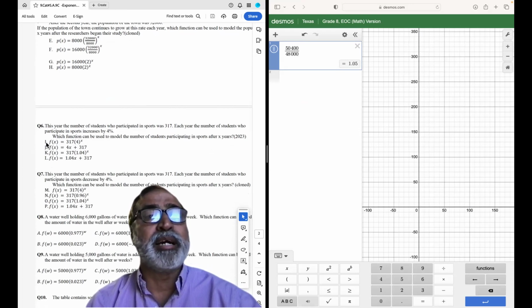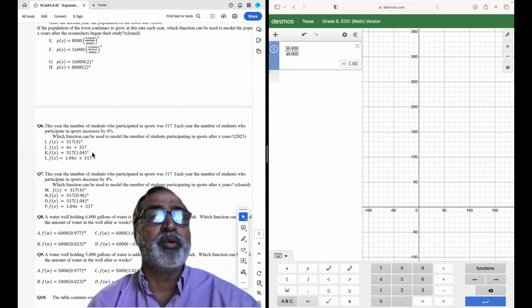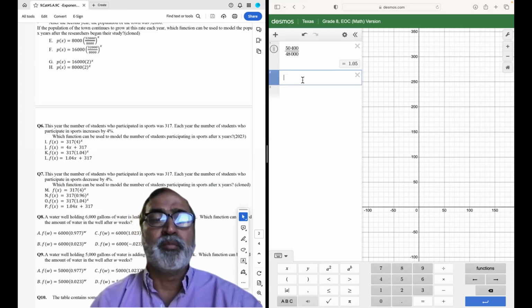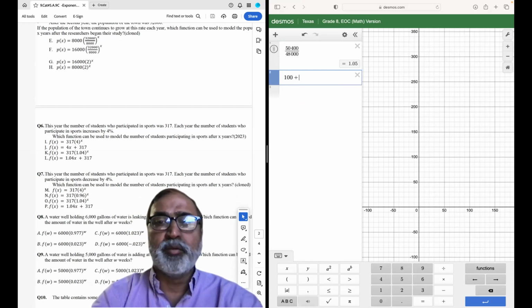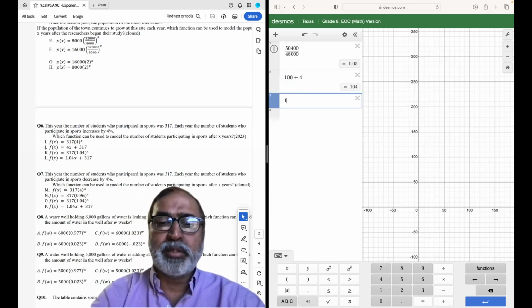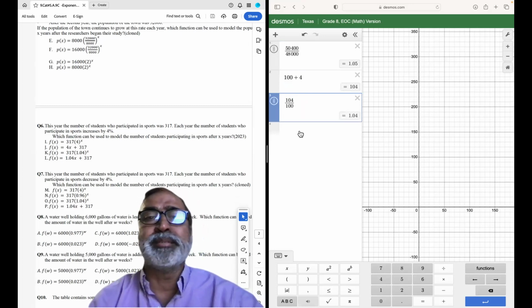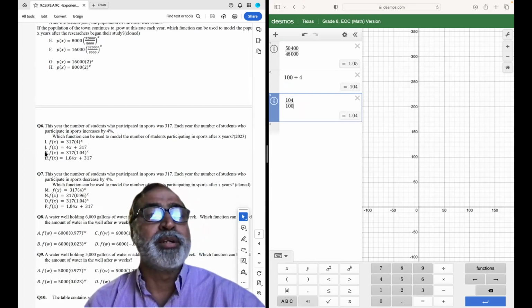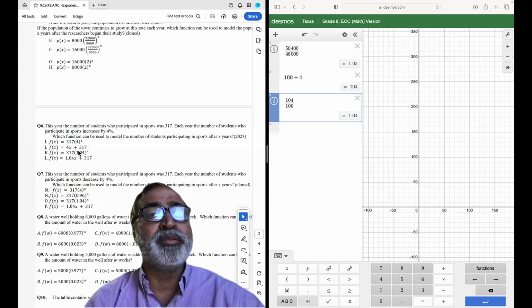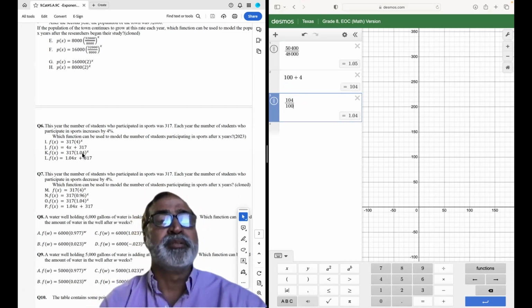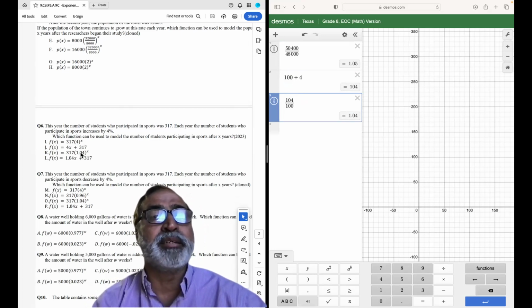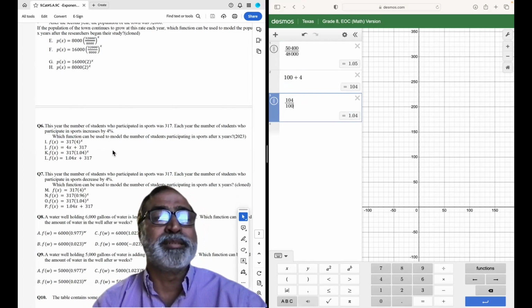Either the answer is I or the answer is K. As I told you, it's a growth, so it has to be 1.04. 4% is 100 plus 4, and then you convert 104 out of 100, which is a percent, so 1.04. So your answer is K. The initial value is 317. Another thing to remember: growth is above 1, and 4% is the percentage increase, so you know that 1.04 is the growth function. Your answer is K.